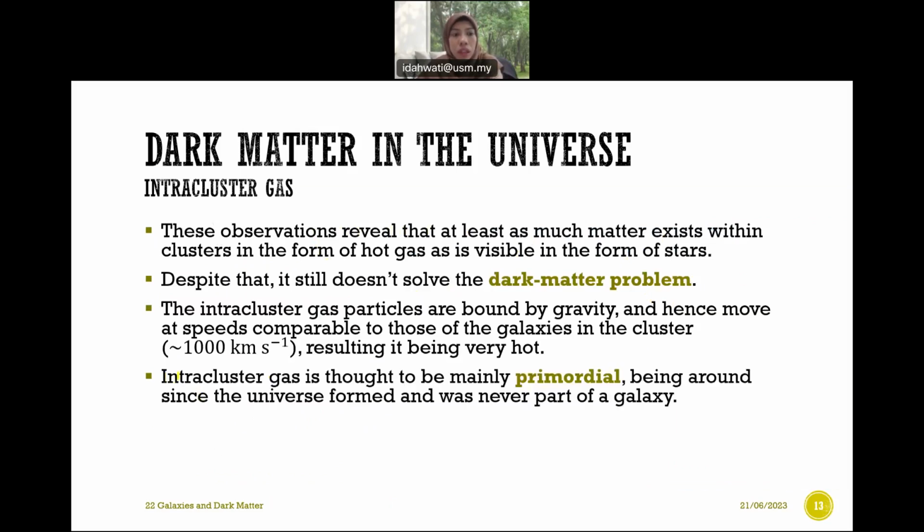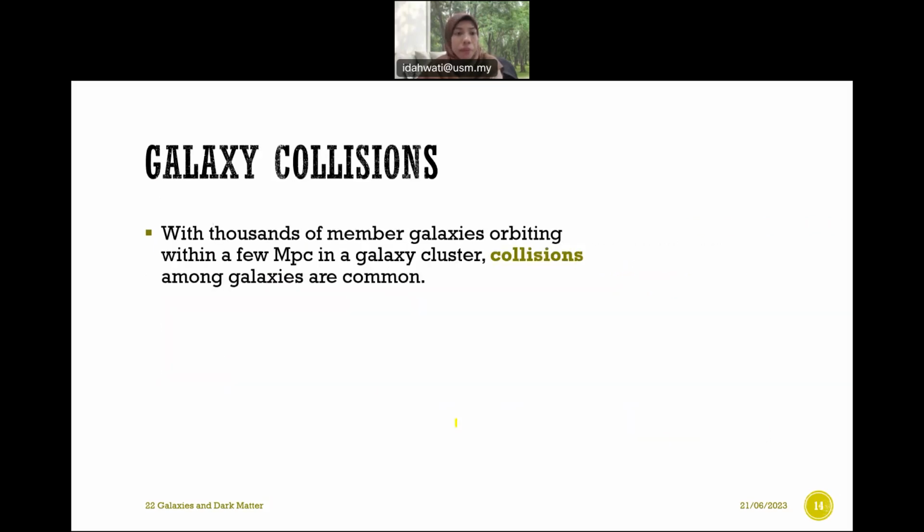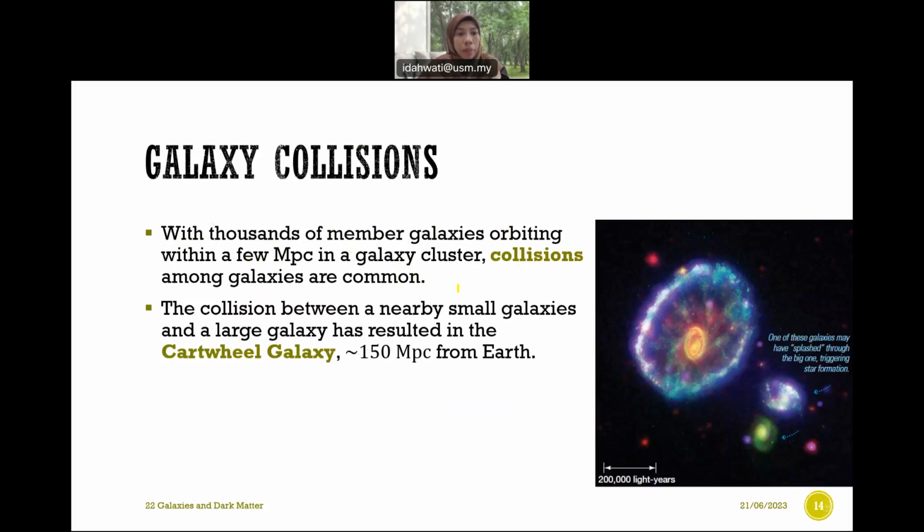Okay, so the intracluster gas is thought to be mainly primordial, and it also contains some heavier elements such as carbon and nitrogen. Now, galaxy collisions: with thousands of member galaxies orbiting within a few megaparsecs of the cluster center, collisions among galaxies are common.